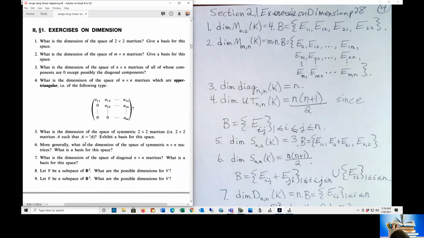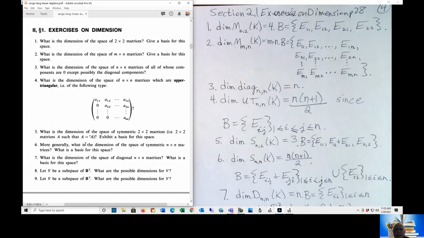An elementary matrix is a matrix that has only one entry that's 1, and all other entries are zeros. And so the basis for the 2 by 2s would simply be E11, E12, and then E21 and E22. For example, E11 is the 2 by 2 matrix that has a 1 in the 1,1 entry, and then zeros in the other entries, etc.